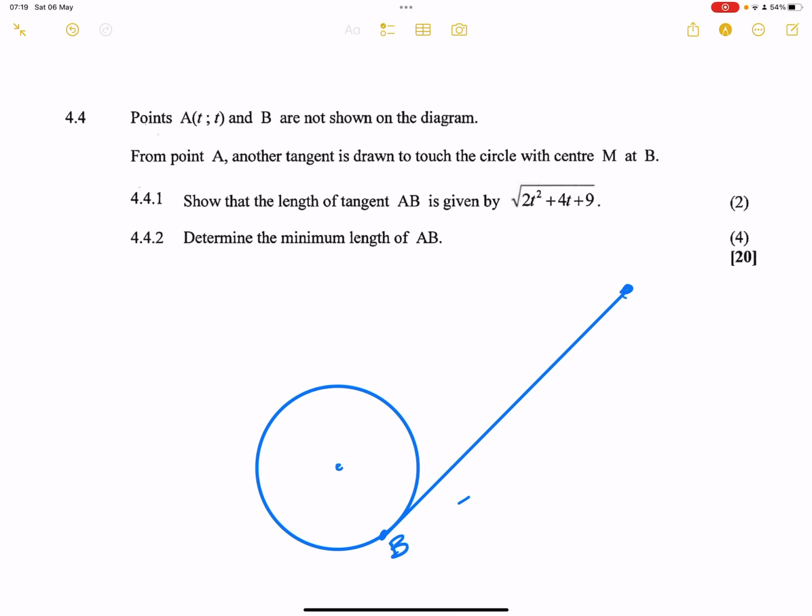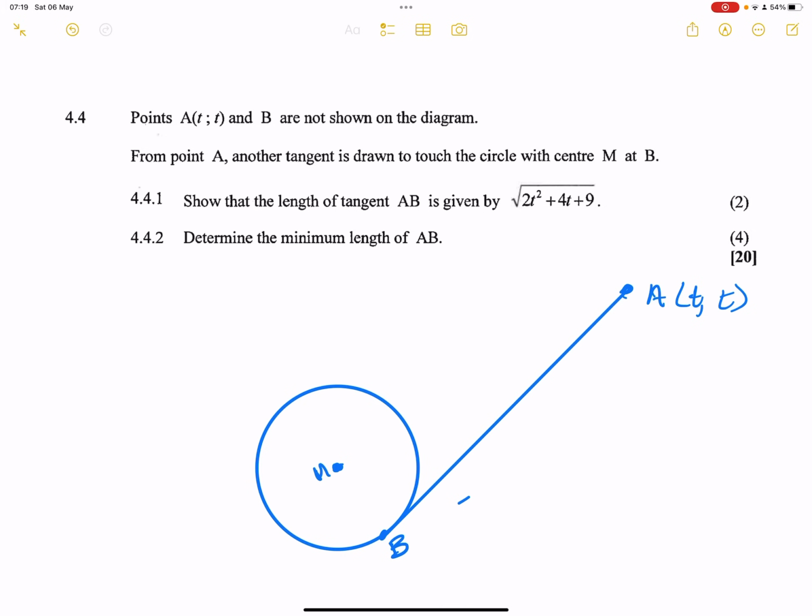Now remember we still have point M. It's still the same circle with the same radius and so on. So this is point A, which is T and T. We want to show the length of AB.